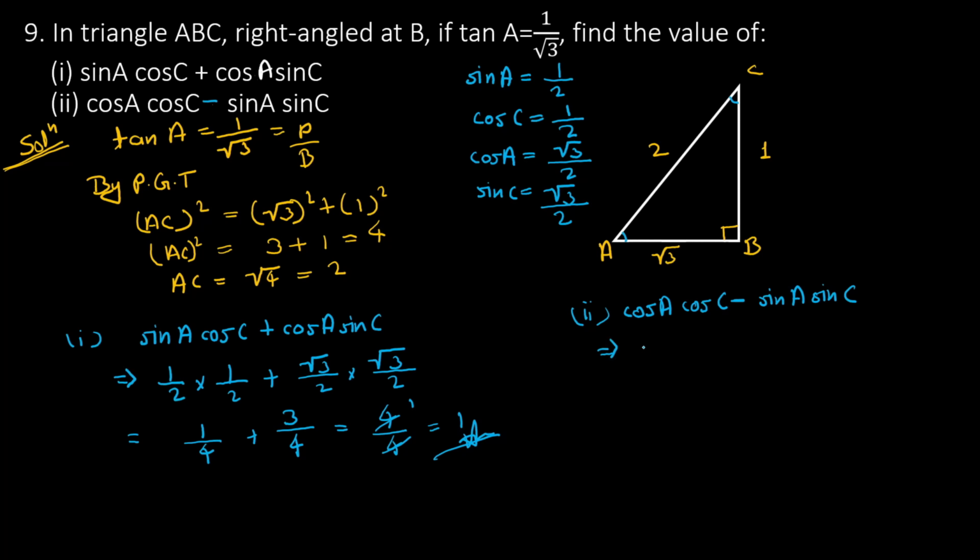So cos A is root 3 by 2 into cos C, which is 1 by 2, minus sin A, which is 1 by 2, into sin C, which is root 3 by 2. So root 3 into 1 equals root 3 upon 4, minus root 3 upon 4. Root 3 upon 4 minus root 3 upon 4 equals 0.